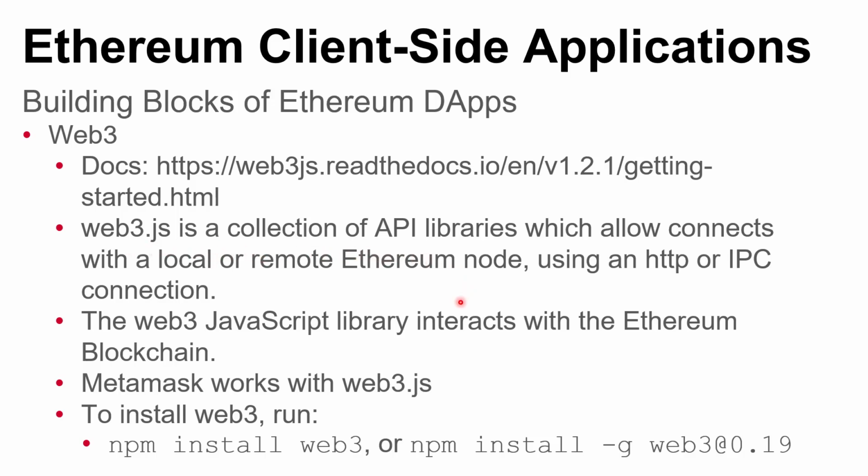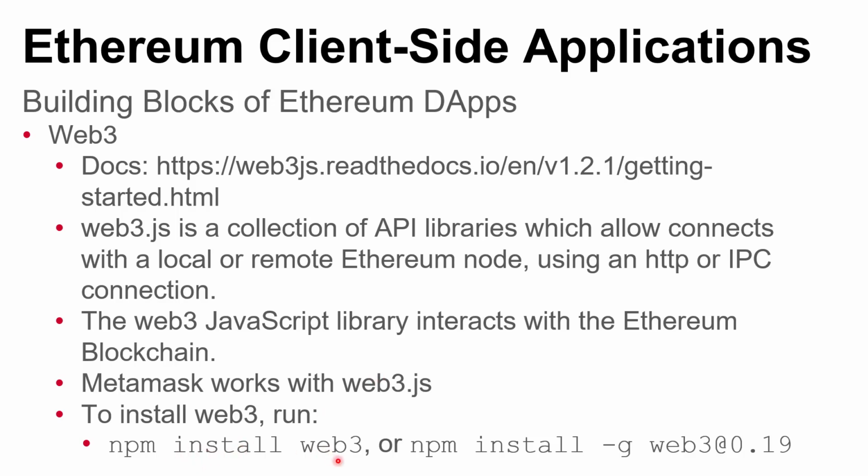Web3.js is a set of API libraries which allows us to connect to the Ethereum node. It uses HTTP or IPC connections, and it enables us to interact with the Ethereum node. We can go into a lot more on that, but that's almost a class on its own.